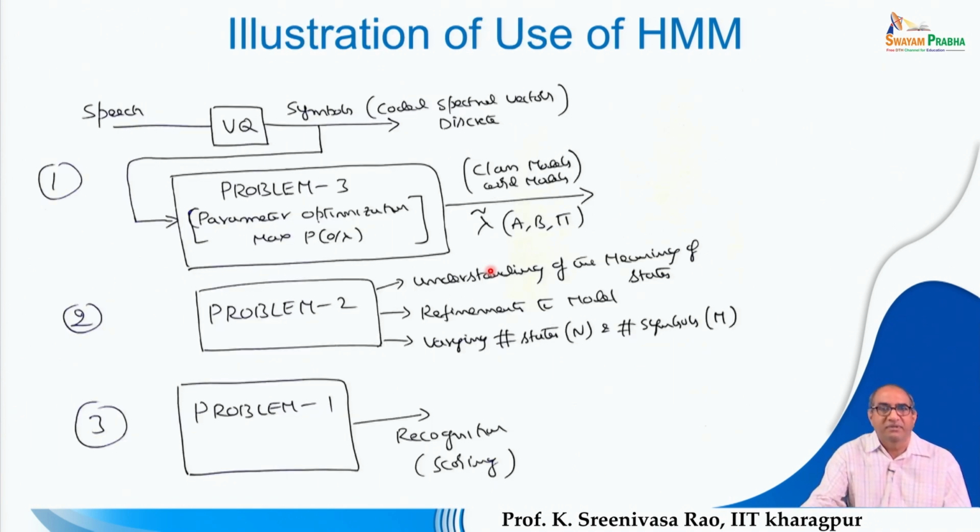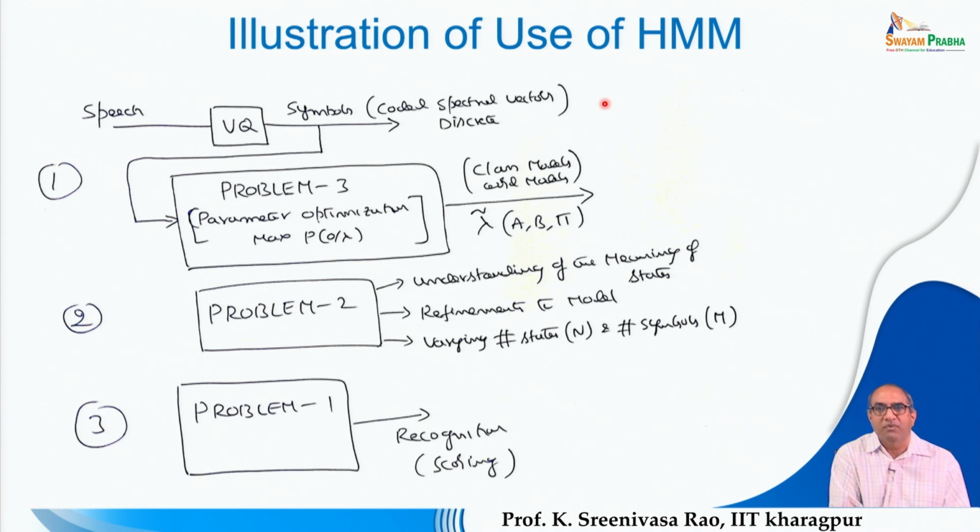Here I just mentioned the same thing, an illustration of the use of HMM. So far I defined HMM using the colored balls and boxes, and also with the vocal tract shapes and the spectral vectors. After that, I mentioned the basic elements of HMM, and then the three basic problems involved with HMMs.